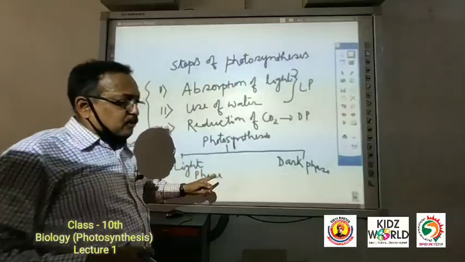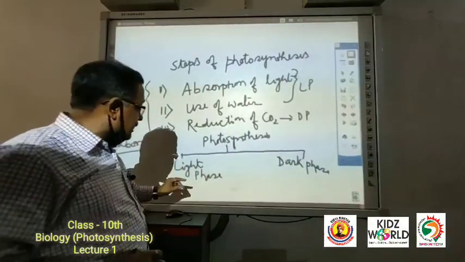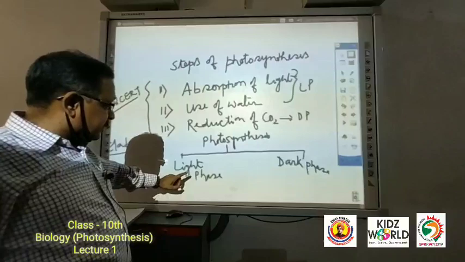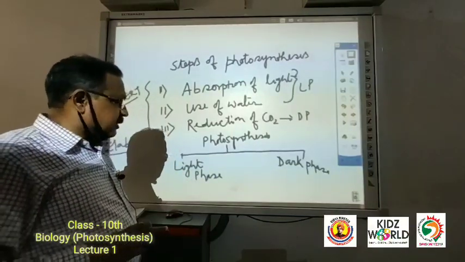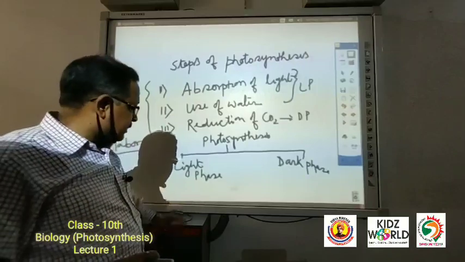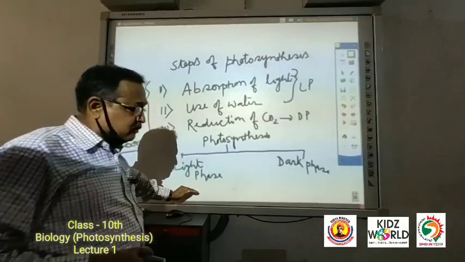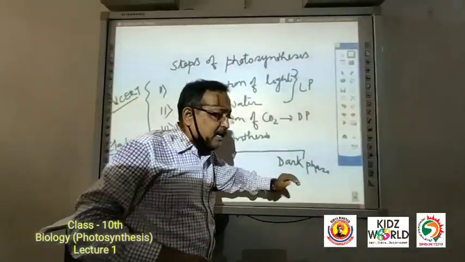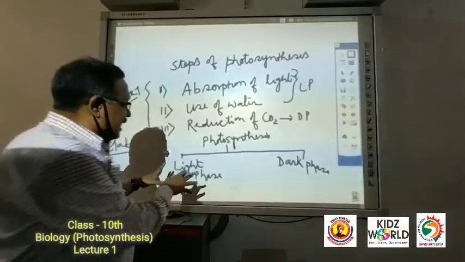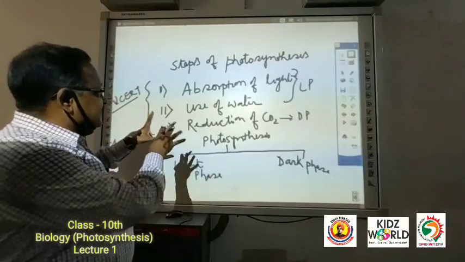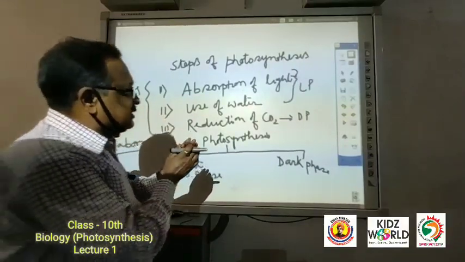When I tell you about the chloroplast and chlorophyll, you will see that the chloroplast contains two parts, grana and stroma. In grana the light phase takes place and in stroma the dark phase takes place. So this is the elaborated form, but in the NCERT book it is given in concise form.